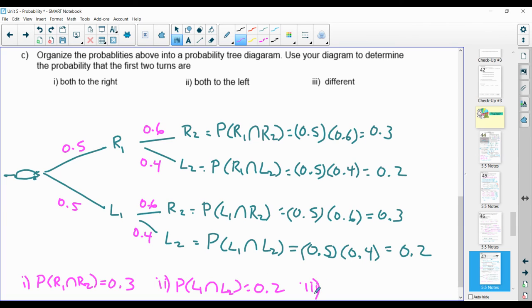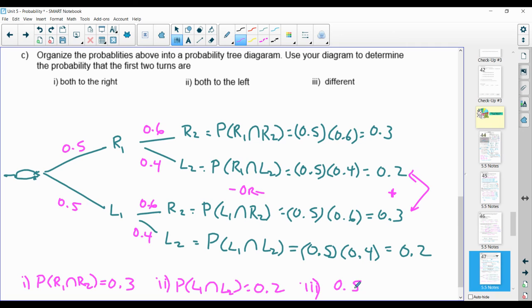And the last question says, what's the probability that they go in opposite directions? Well, opposite directions are right here. So that's going to be the probability of right 1 and left 2, or the probability of left 1 and right 2, meaning we're going to add those two amounts together. We get 0.5.